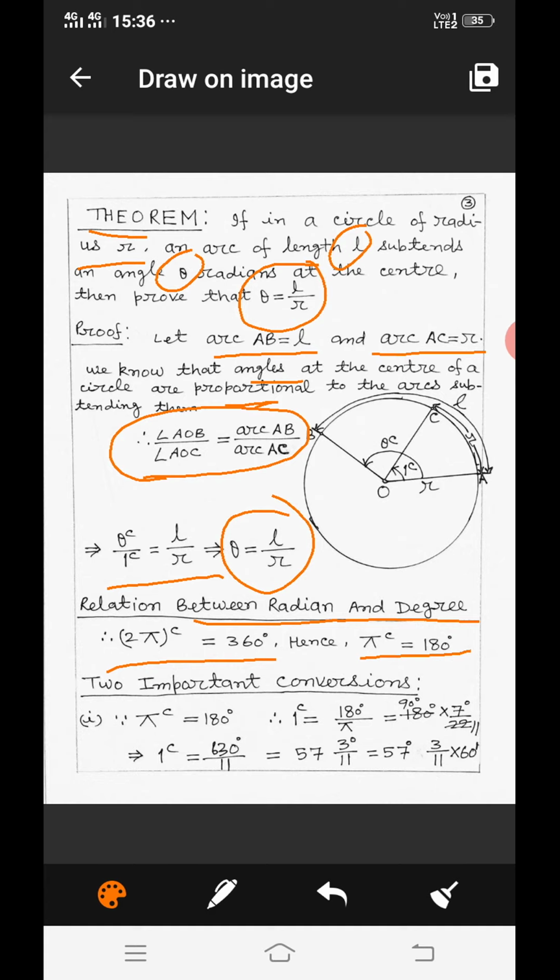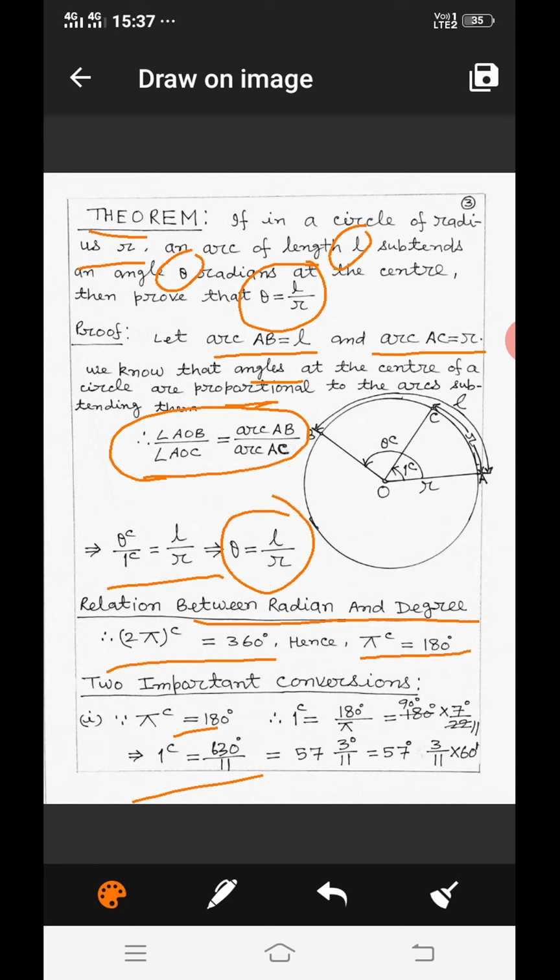First, since pi radian is equal to 180 degree, 1 radian is equal to 180 degree by pi, and this is equal to 180 degree into 7 by 22, since pi is equal to 22 by 7. After simplifying this we get 1 radian is equal to 630 degree by 11, and this is equal to 57 whole 3 by 11 degree.